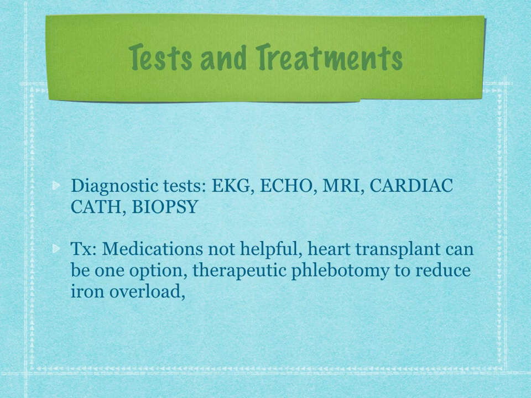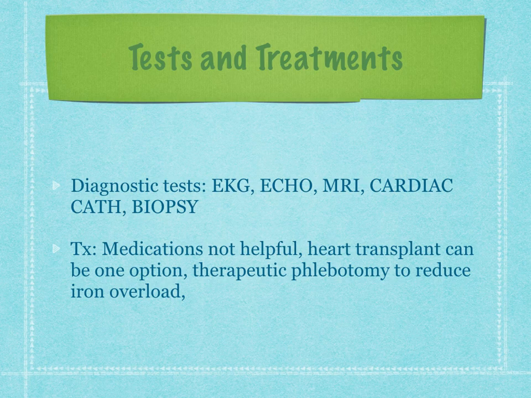Now, tests. There are some tests and treatments for restrictive cardiomyopathy. Diagnostic tests will be EKG, echo, MRI, cardiac cath, and biopsy. EKG will detect the abnormalities in the heart's conduction system.